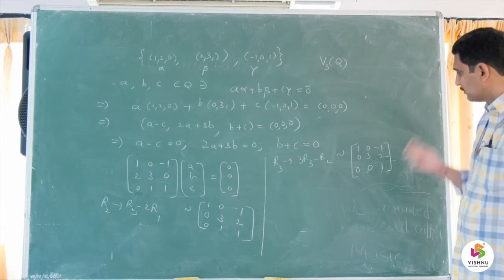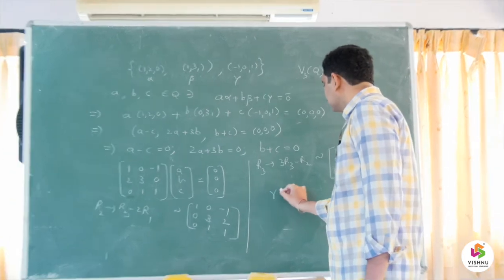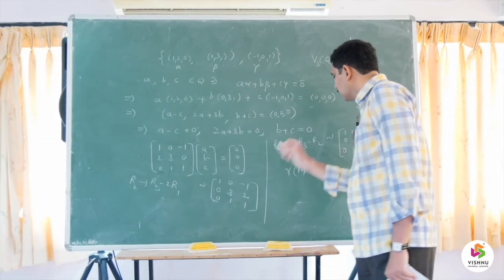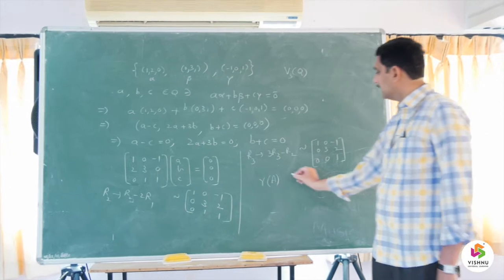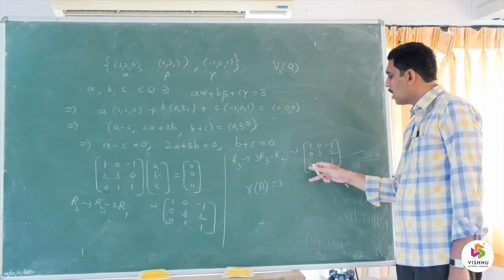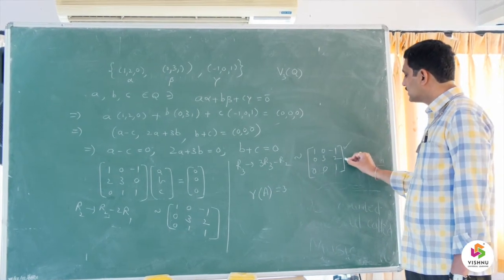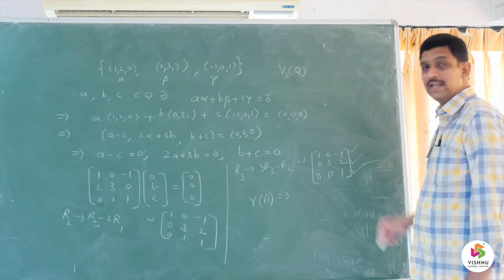Now, after doing the row operations, we consider the rank of the matrix. So what is the rank of the matrix here? It is nothing but 3, because the last row is not totally 0. The first row is present, the second row is there, and the third row is there.